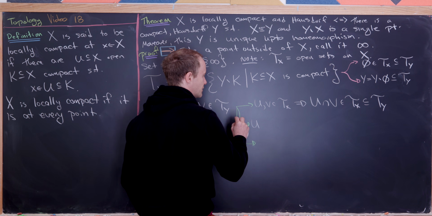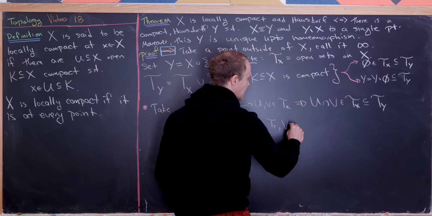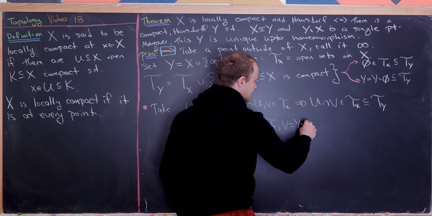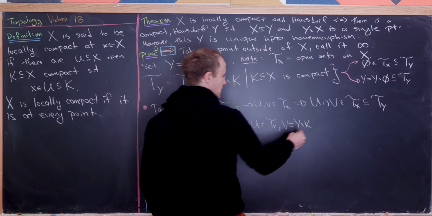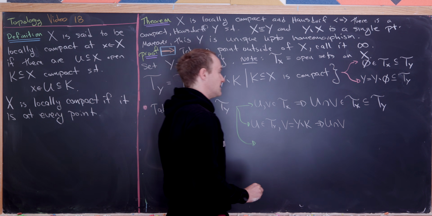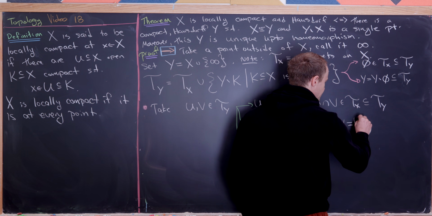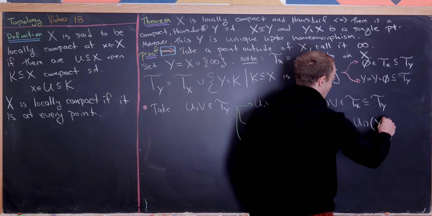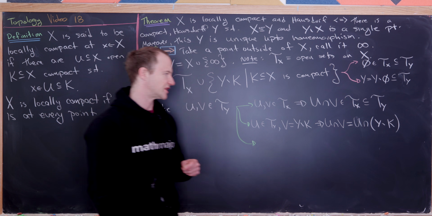Our next case will be U is inside of T sub X, and then V equals Y minus K, where K is compact. But now let's look at U intersected with V in this case. Using the shape of V, we know that this is U intersected with Y minus K. But now I'm going to make a quick change here.